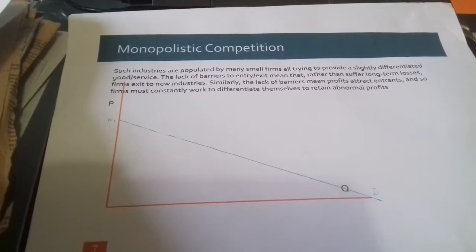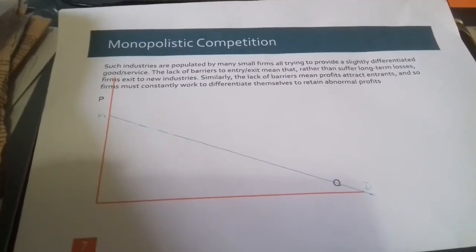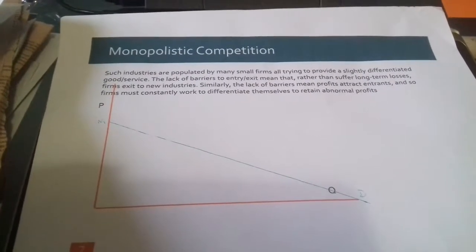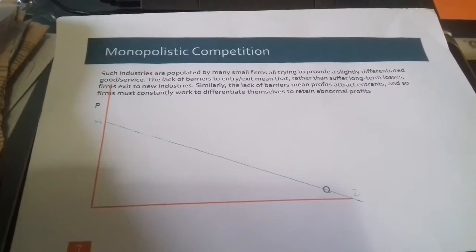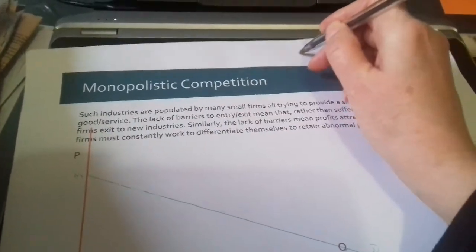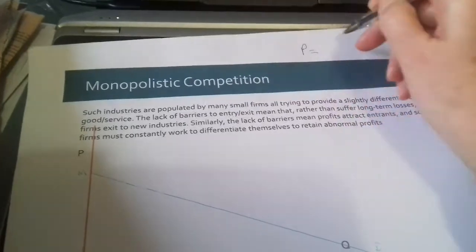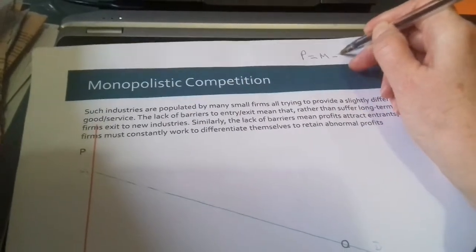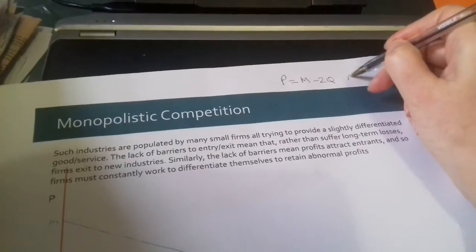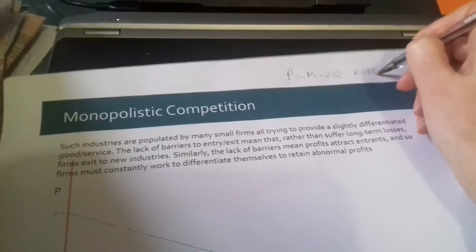So when we start to depict the industry, we can think back to the algebra that we looked at when we were constructing demand and marginal revenue curves for a monopolist. So here we'll do some simple calculus, which is to say the demand function is given by price is equal to m minus 2q. Well, remember that revenue is equal to price times quantity.